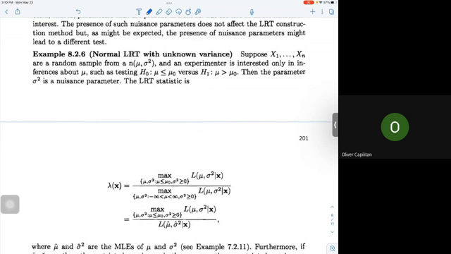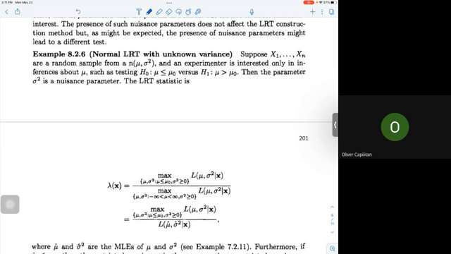So suppose x sub 1 up to x sub n are a random sample from a normal distribution with mean mu and variance sigma square, and an experimenter is interested only in inferences about the mean mu. So such as testing the null hypothesis that mu is less than or equal to mu sub 0 versus the alternative that mu is greater than mu sub 0.